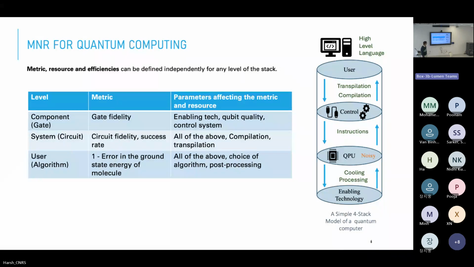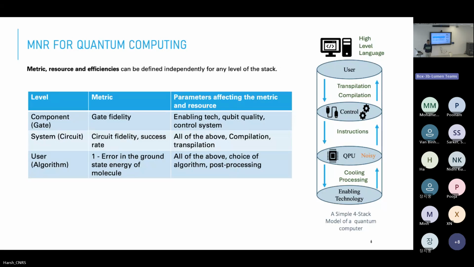The same analysis is true when you talk about the user level, in which case we are talking about the top part of the stack, but which essentially is based on errors that propagate from the QPU to the upper layers of the stack, and therefore the final result that you are interested in could be, say, the error in the energy that I calculate for a molecule.